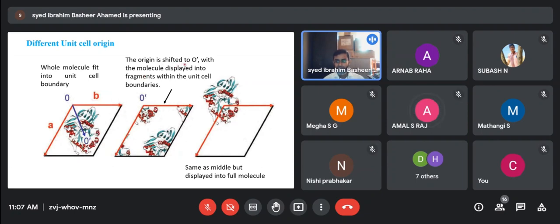So the origin is shifted to O prime with the molecule displayed in fragments within the unit cell boundary. This is the same as the middle one, but displayed like 4 molecules. It is not 4 molecules; there is only 1 molecule in the unit cell. Since it is fragmented, don't assume this unit cell contains 4 molecules. No, it has only 1 molecule.